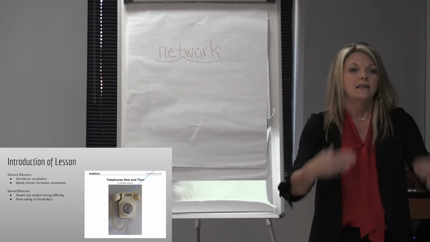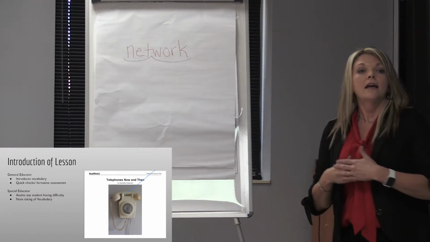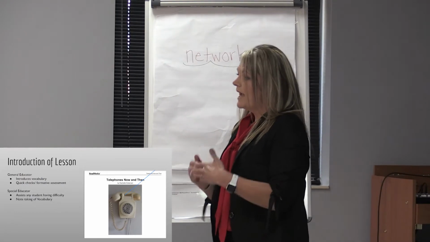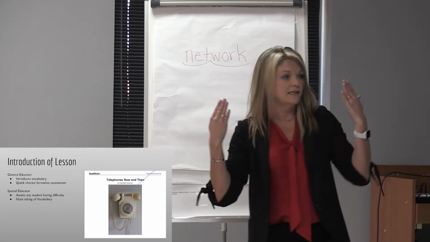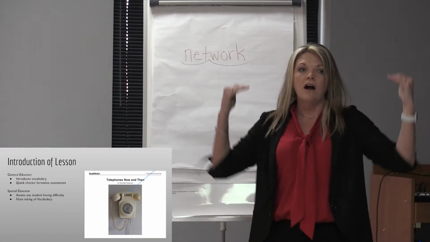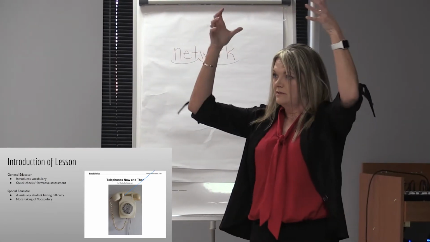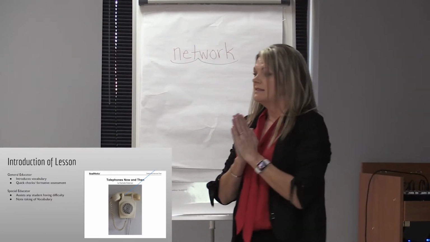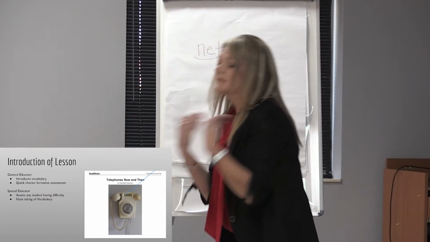That is a network. Another example of a network is the power lines on the power poles that we see driving down the road. You see all of these lines connected to transformers that link to other things. They're all connected. That is called a network.